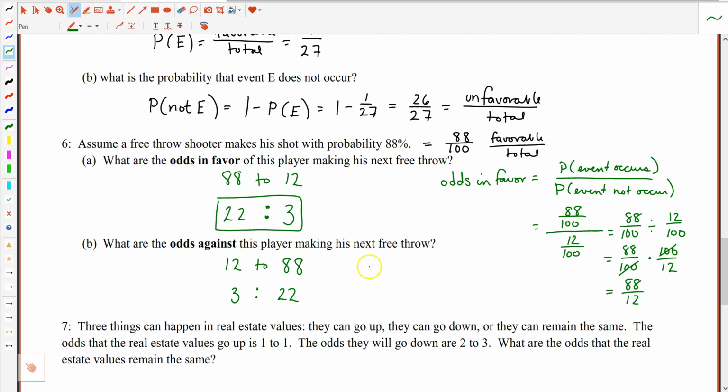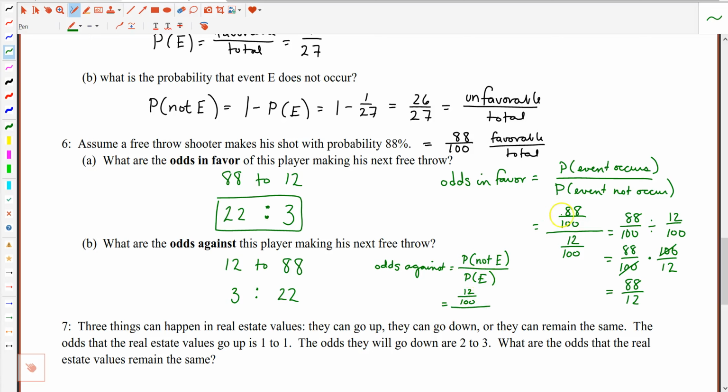So odds against, just to show you what that would look like. You would do the probability that the event does not occur in your numerator, and then you would do the probability that your event occurs in your denominator. So in this particular case, the probability that he did not make the free throw would be 12 out of 100, or 12%.